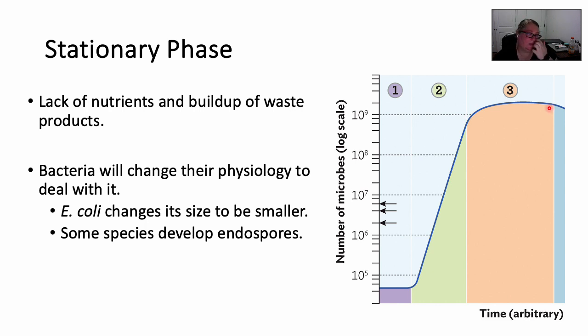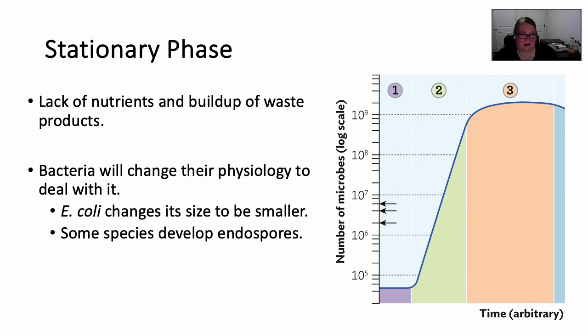Okay, so a lot of the times the stationary phase can be extended by the fact that some bacteria can literally change their physiology to deal with the fact that there's no more nutrients or there's a lot of waste products. So E. coli, for example, when they get to the stationary phase, they change their size. They become smaller so they don't need as many nutrients so they can survive longer. Okay, other species like Bacillus anthracis, they're going to develop endospores.